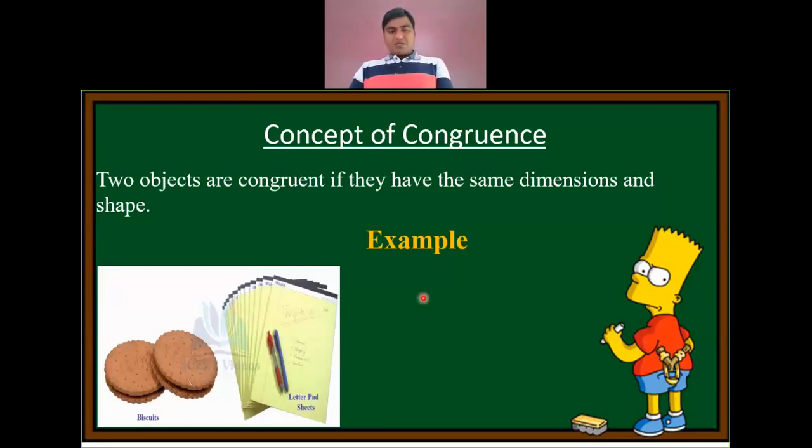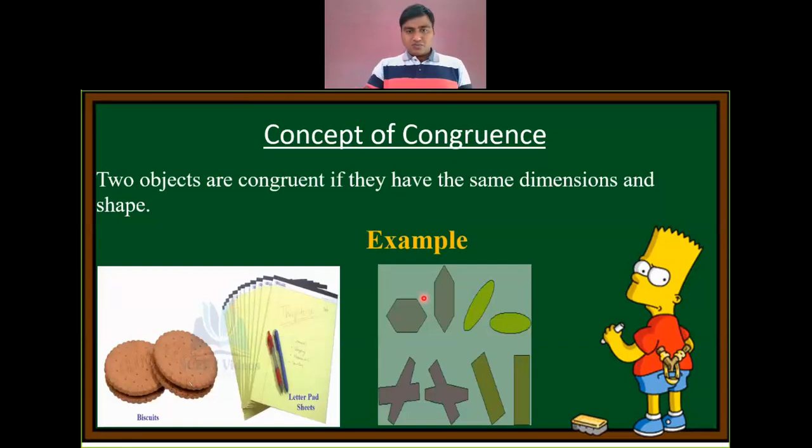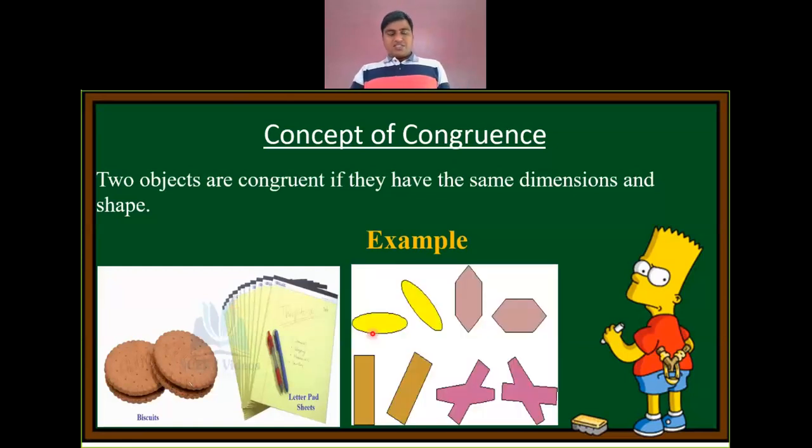Next, a mathematical example of congruent figures. Now this is an ellipse and this is also an ellipse, and these two ellipses are overlapping to each other, so therefore these two ellipses are congruent to each other.